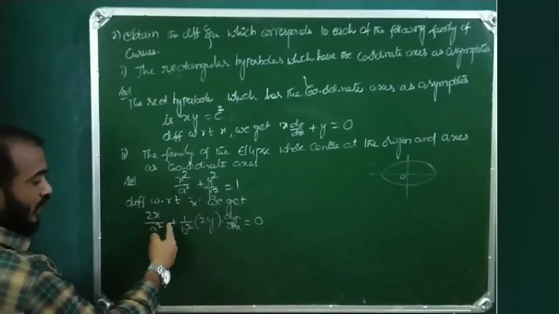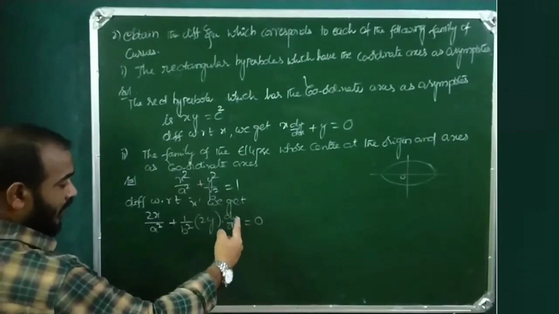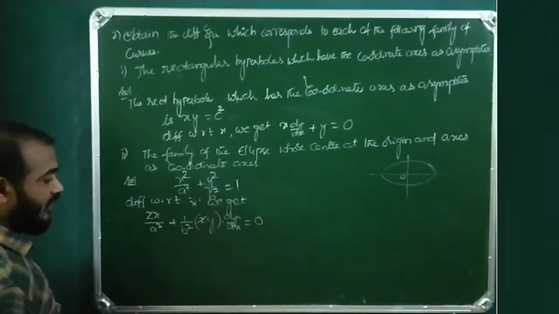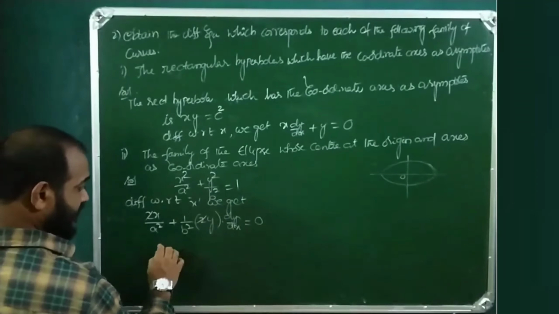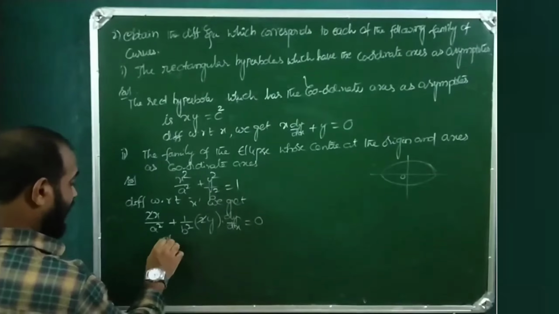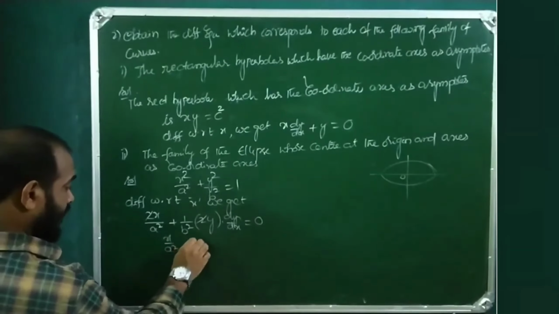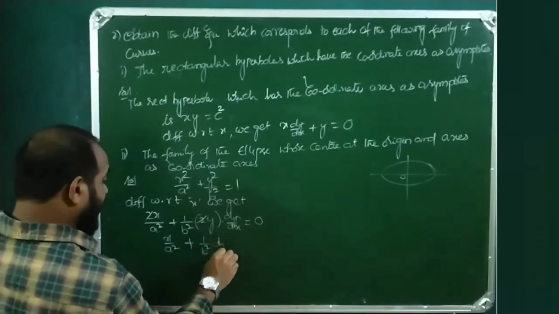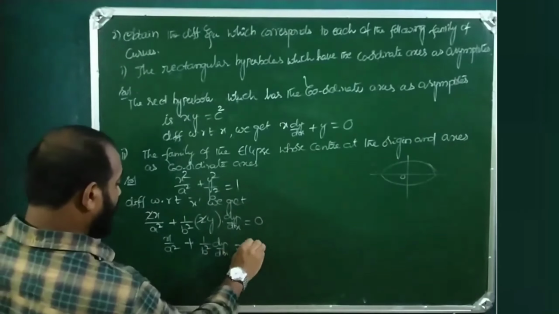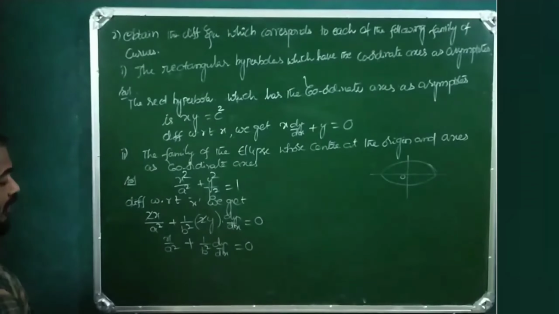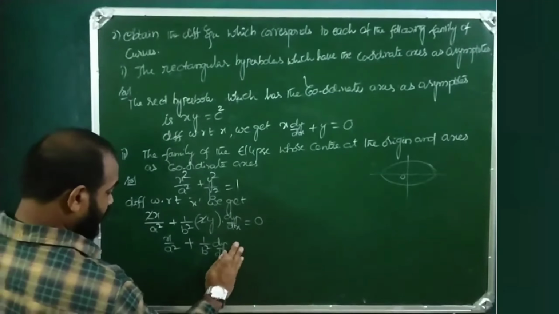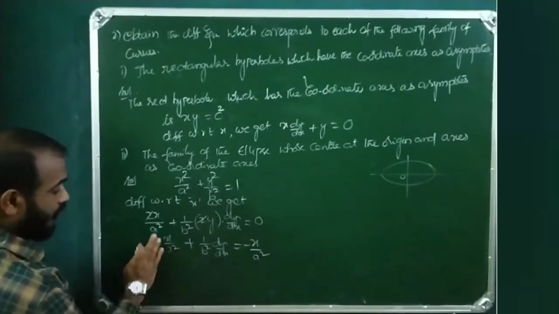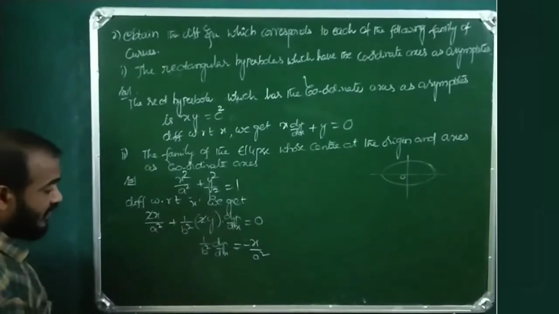If you take 2 as common and transpose, 0 by 2 is 0. Directly we are eliminating like this. So this is x by a square plus 1 by b square dy by dx equals 0. So from this, dy by dx equals minus x by a square, if you transpose onto the other side.